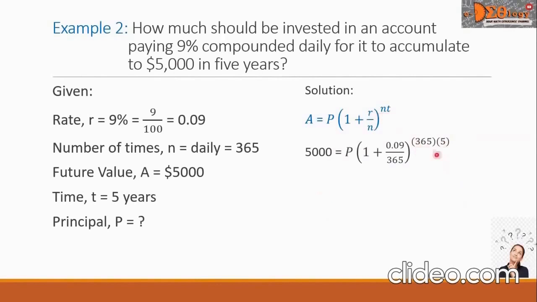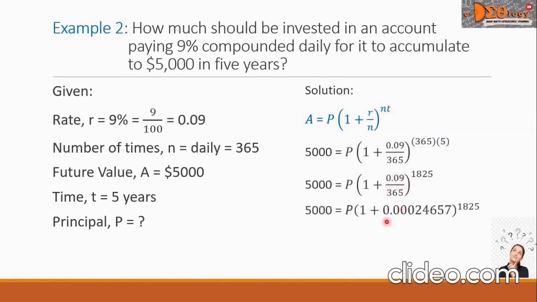First, let us simplify by taking the product of the exponent, 365 times 5. We will get 1,825. And then, let us simplify this fraction, 0.09 over 365. And the value is 0.000246 57.